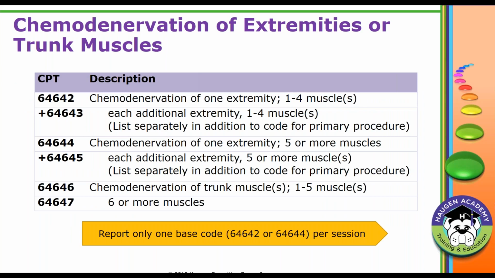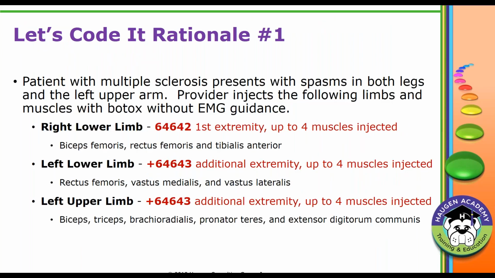These are the codes that we're looking at. And then let's just take a look at what we have. For the right lower limb, we're going to do the 64642. That's going to be our first extremity. Up to 4 muscles were injected.